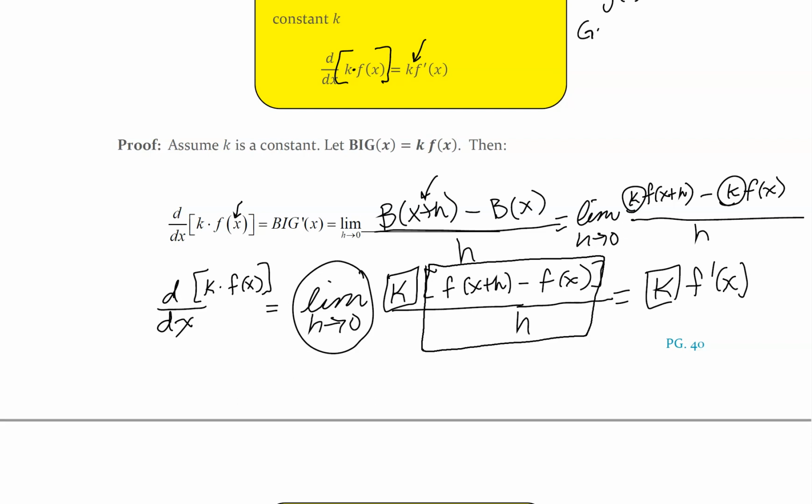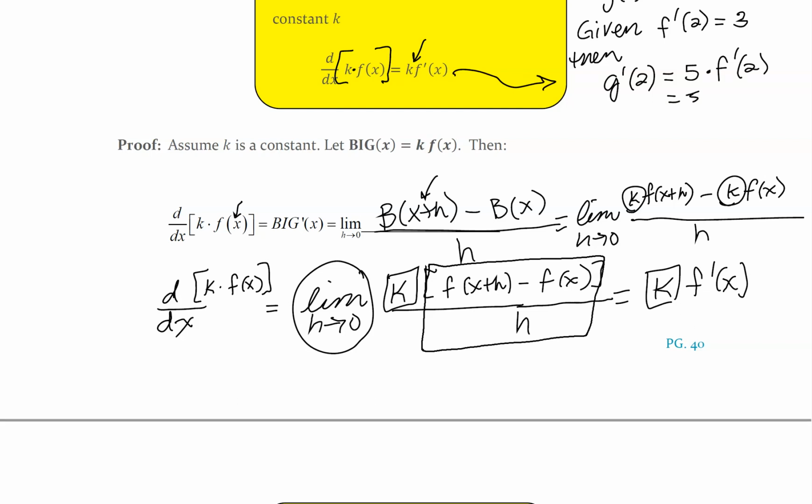Now if I tell you, given that f prime of 2 is 3, then g prime of 2 is going to equal 5 multiplied by f prime of 2. That's what this rule said. So that would be 5 times 3, which is 15. That is an example of how this rule can be applied.